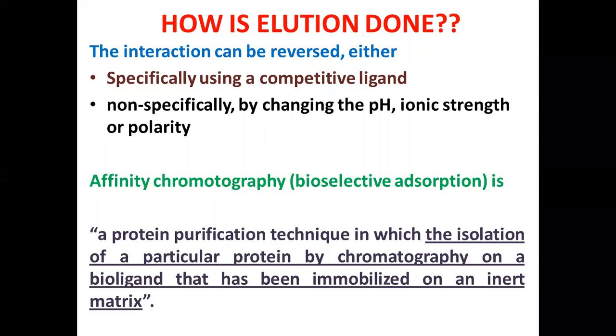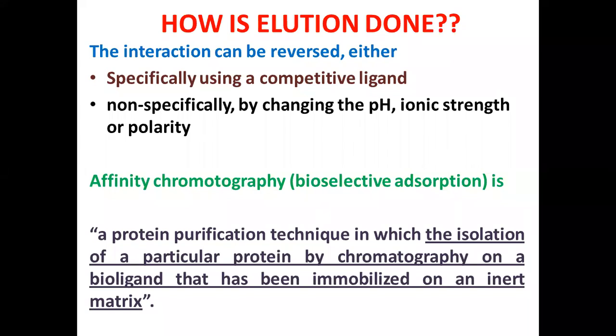So if you pass a species known as a competitive ligand through the chromatographic column, this competitive ligand will extract all those solutes which have shown the interaction with the ligand bound to the matrix. So solute molecules will come out. This is a process called the elution process.